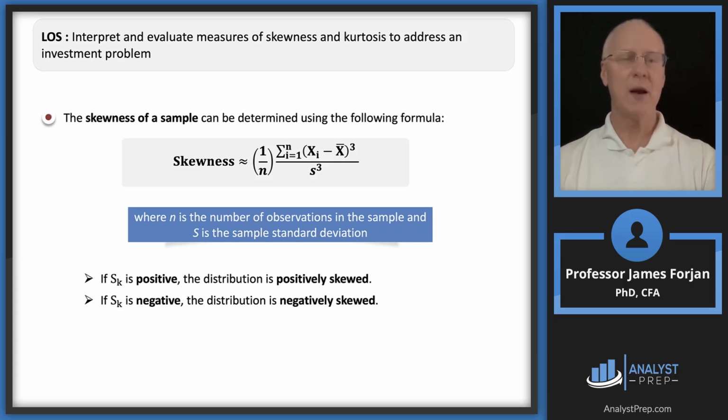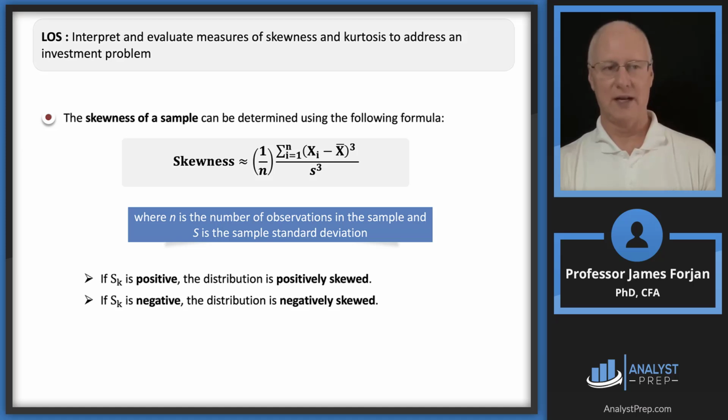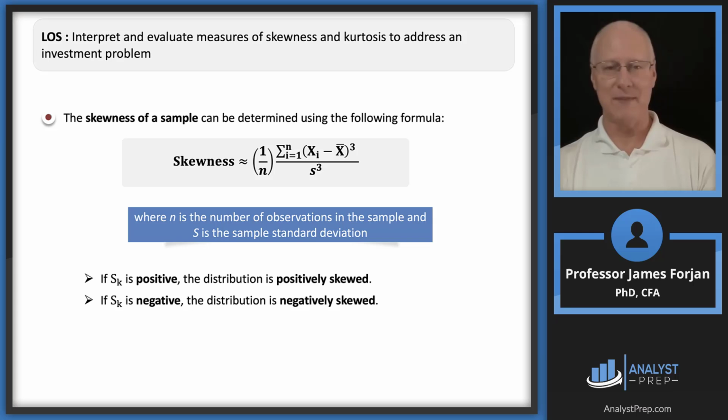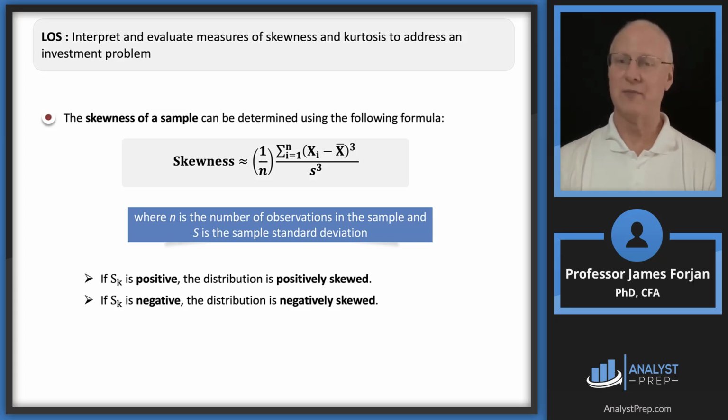But if you think about the four moments of the distribution, what did we do when we calculated the variance? We took each x, subtracted the mean, and squared it. Well, if it's the third moment of the distribution, why don't we just go ahead and take that difference and cube it?